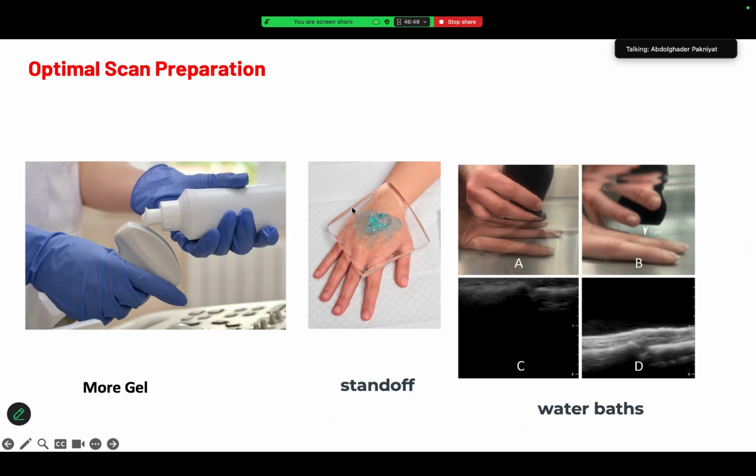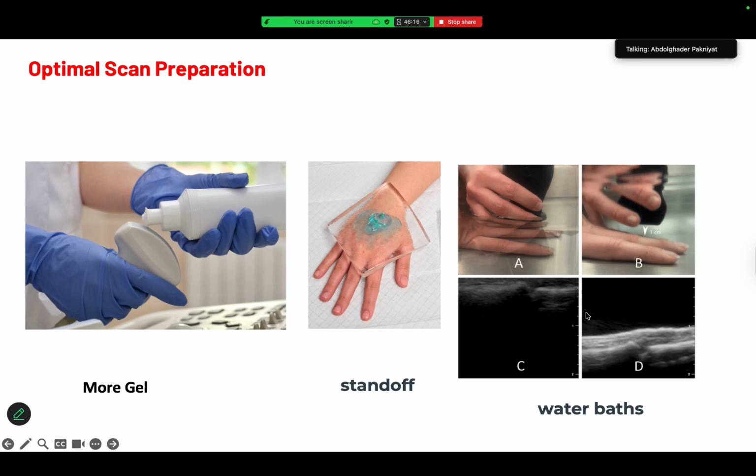For an optimal scan in soft tissue infection, we need to use more gel to bypass the dead space. The dead space is the space between the probe and the body. We may miss 2-3 millimeters of the skin sometimes, so for superficial abscesses, to not miss them, you need to use more gel or stand-off pads.